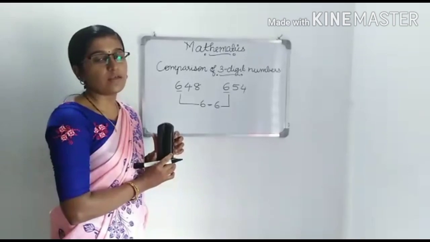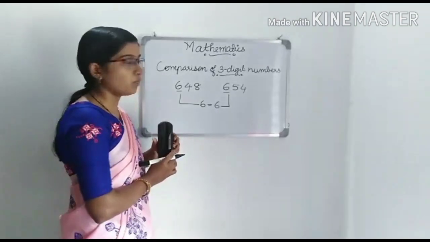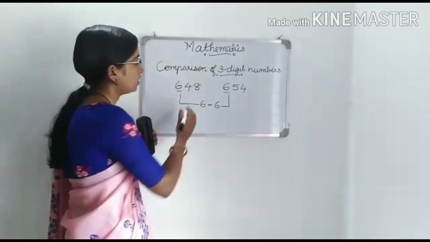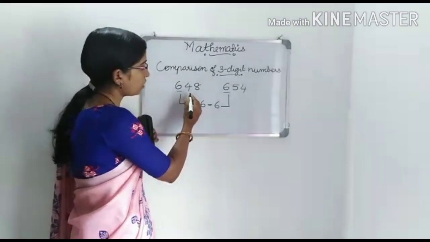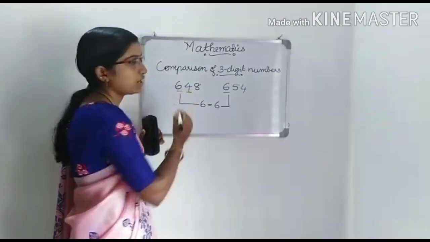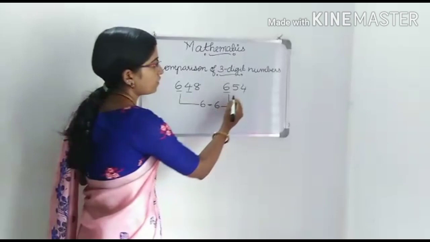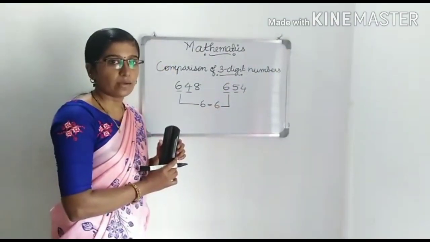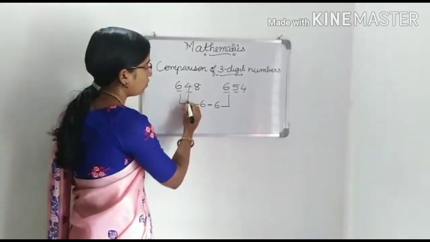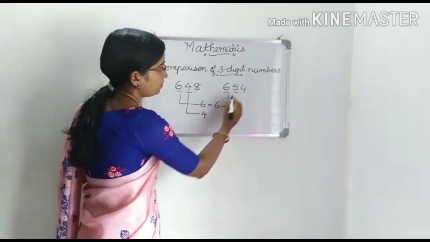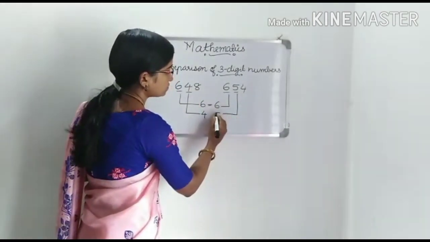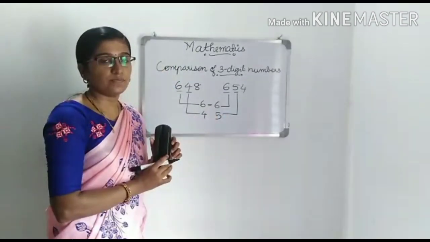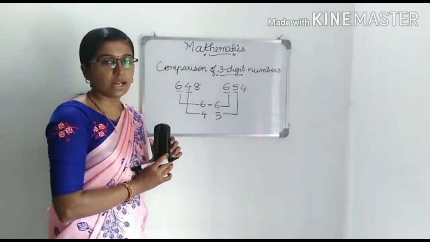If the hundreds places are same, then we should move to the tens place. Here in 648, the digit in the tens place is 4. And in 654, the digit in the tens place is 5. So we can compare 4 and 5. Which is greater? Yes, 5 is greater.